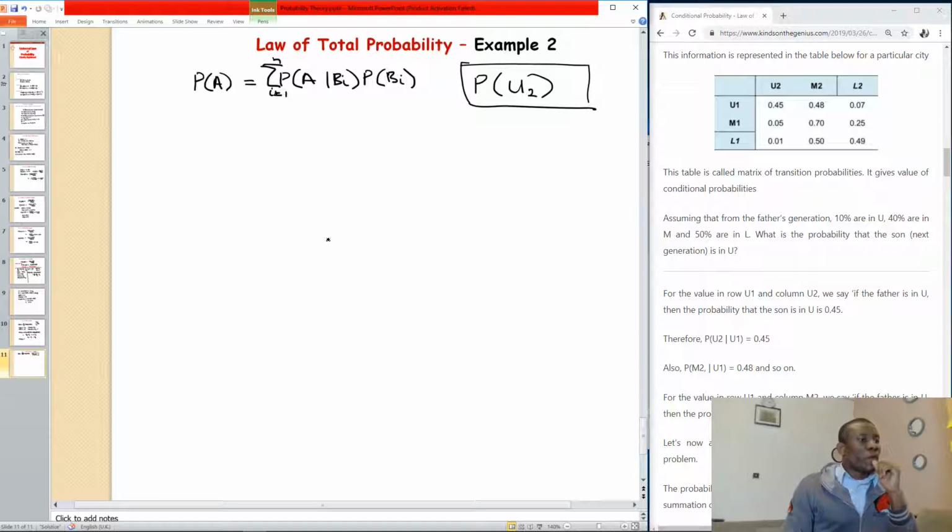Alright, so we are given that P of U2 given U1 is equal to 0.45.